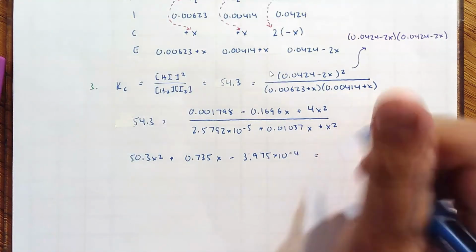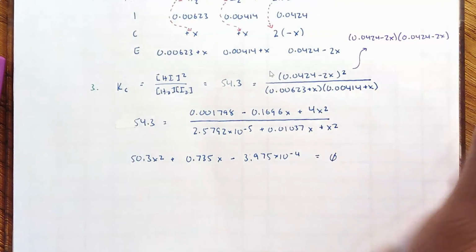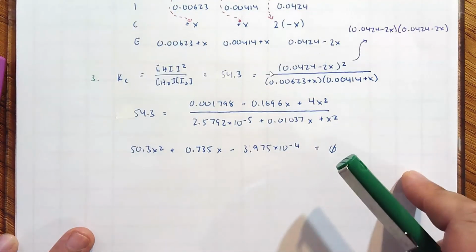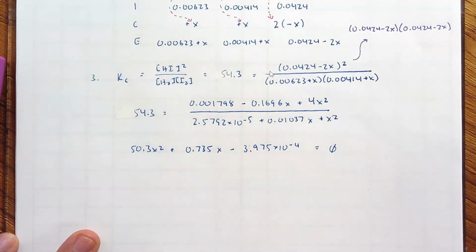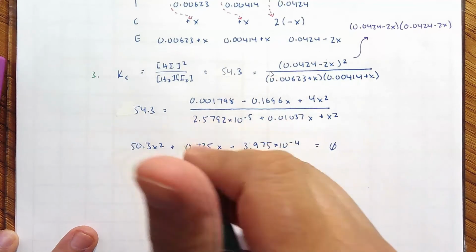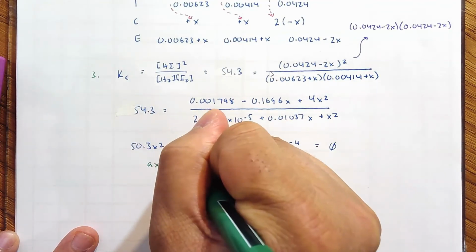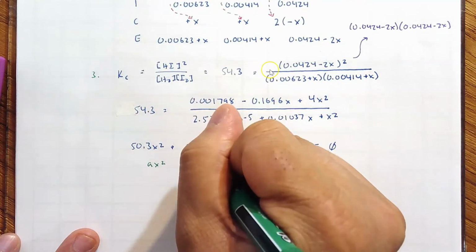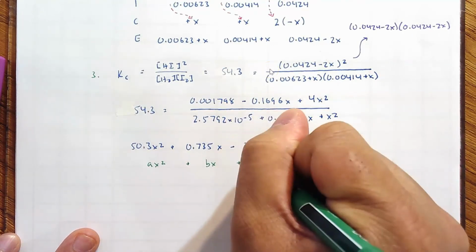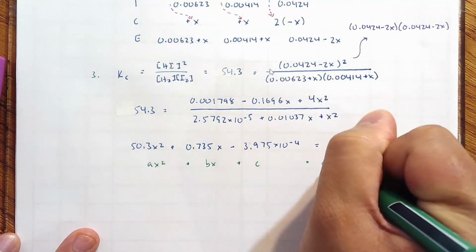And then, since everything is on the left side, this equals 0. This is going to be using the quadratic equation. This is ax squared plus bx plus c equals 0.